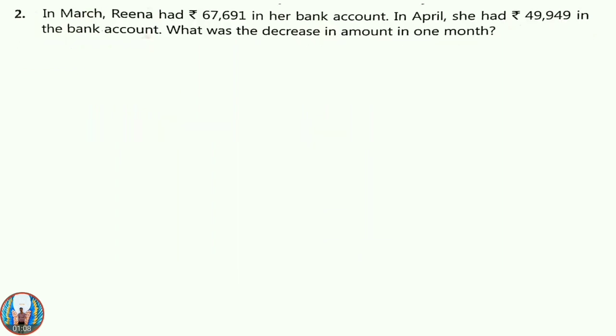Second question. In March, Reena had 67,691 rupees in her bank account. In April, she had 49,949 in the bank account. What was the decrease in amount in 1 month? It means we have to subtract the smaller number from the bigger number.